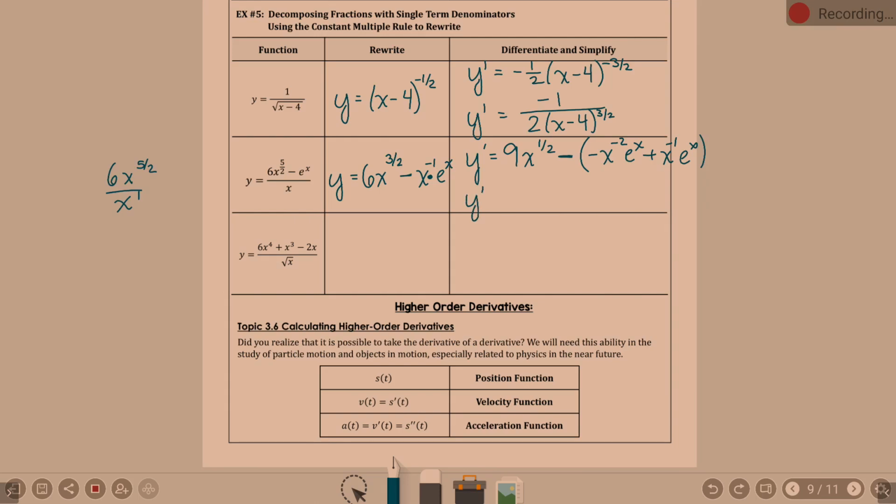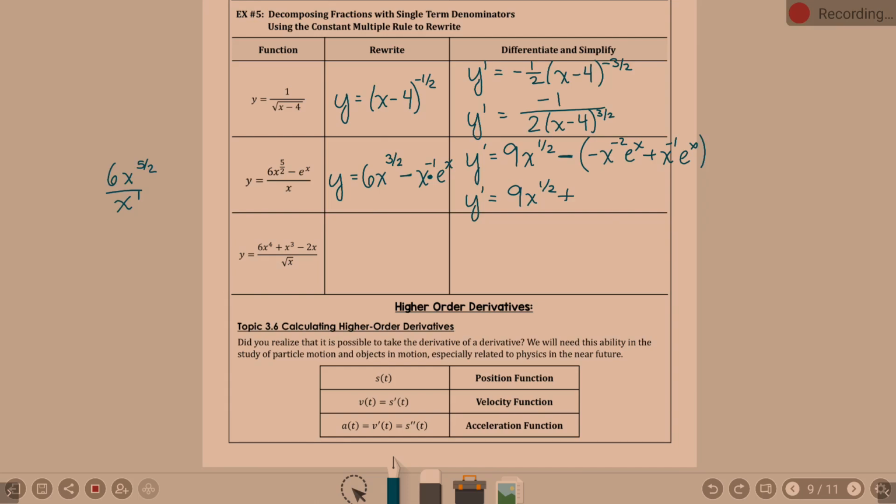Okay, 9x to the 1/2. I'm going to keep 9x to the 1/2. Now, as I rewrite this out, I'm going to distribute, and I'm going to make some fractions. Okay, so first of all, minus times a negative is going to be a plus. X to the negative 2, Logan already mentioned it's x squared on bottom.